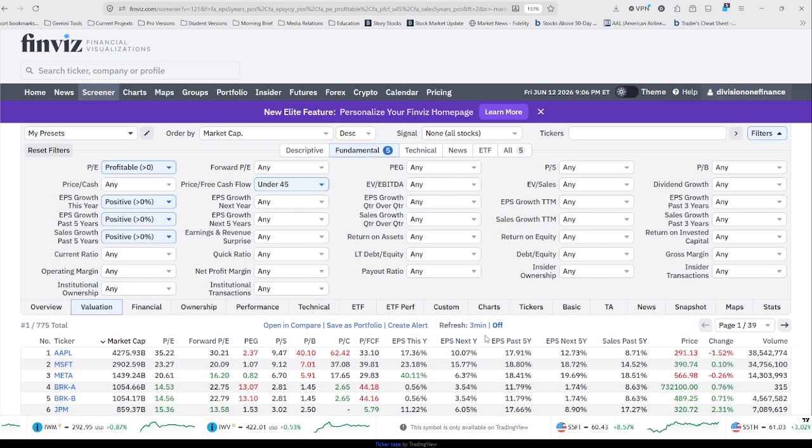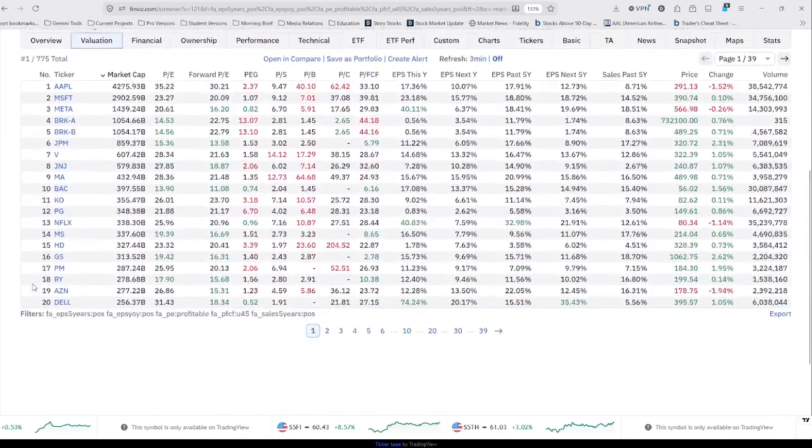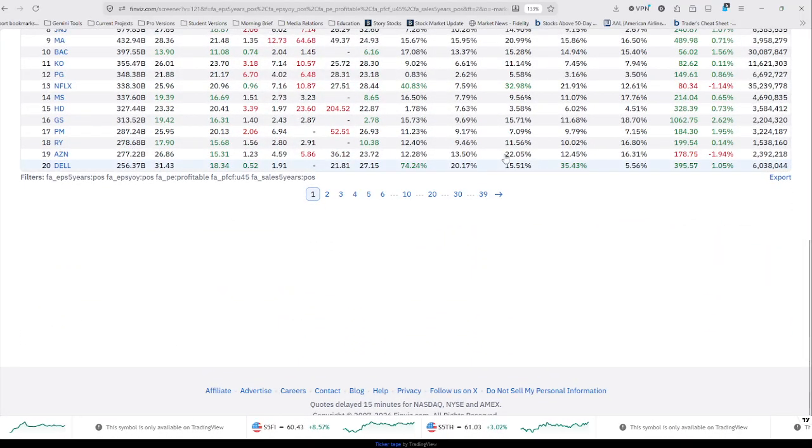We're going to split this into 4 groups. Over here, we split it into 3 because we had 99 companies, hypothetically. Now here in the real world, we have 775 companies. That's the one thing to pay attention to: you're going to have a lot of companies in front of you. So in reality, it's about 40 pages.